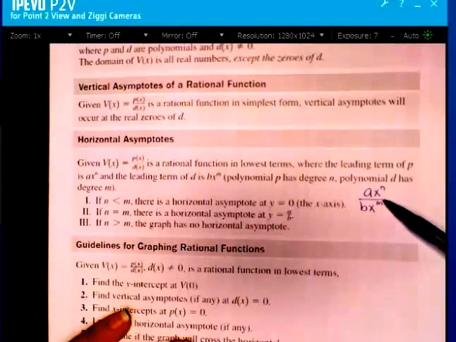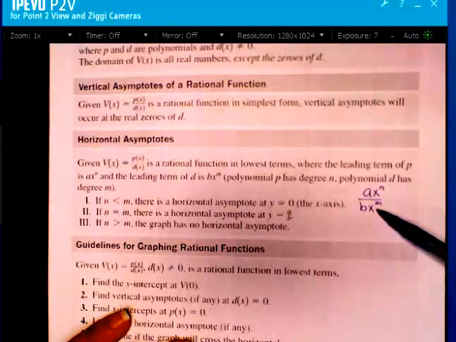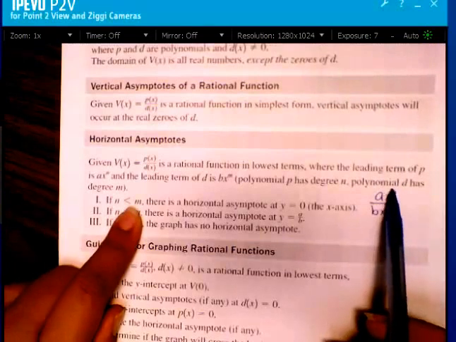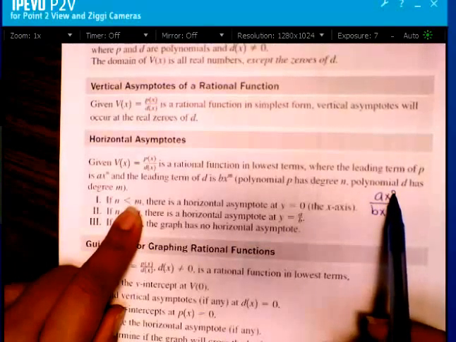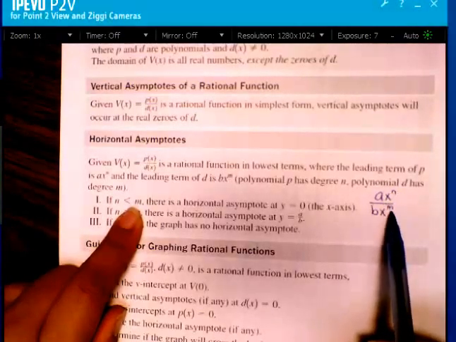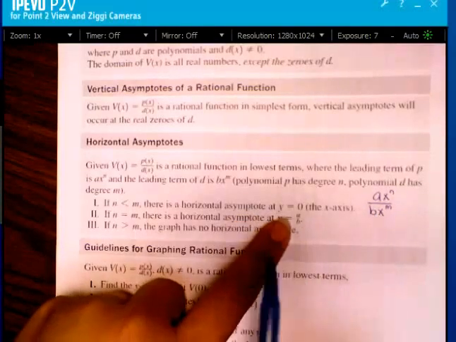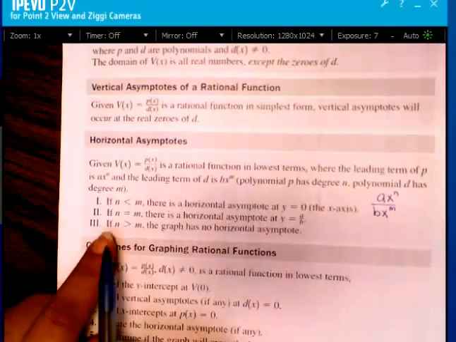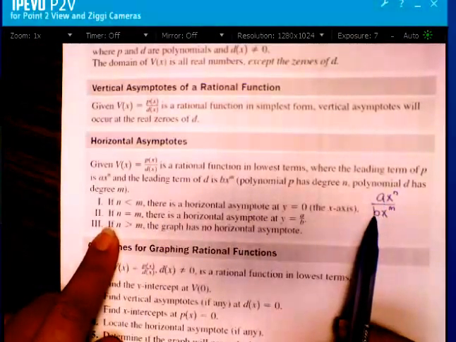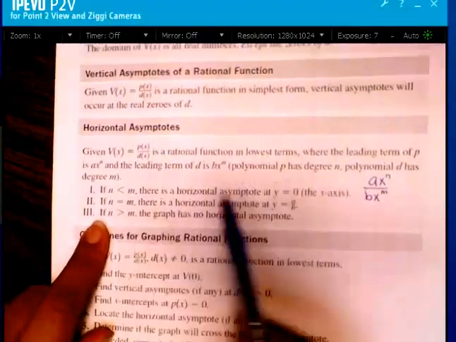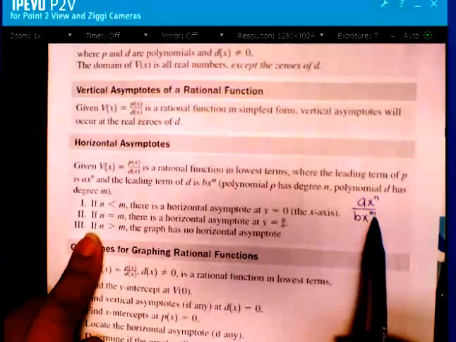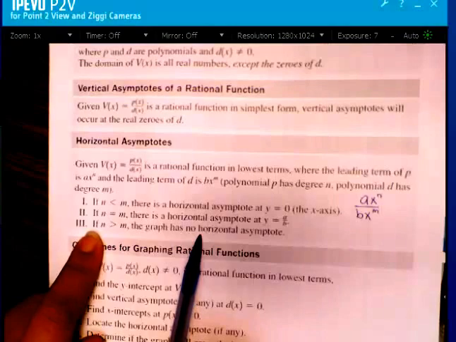Well, if n is less than m, meaning this power is smaller than this power right here, then there's a horizontal asymptote at y equals 0. If n equals m, then there's a horizontal asymptote at just a over b. And if n is greater than m, meaning the numerator has a higher power than the exponent down here, then the graph has no horizontal asymptote.